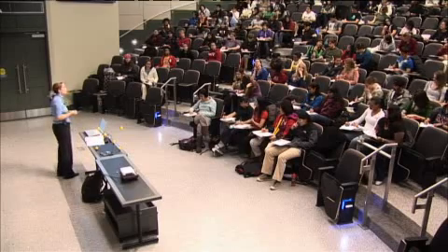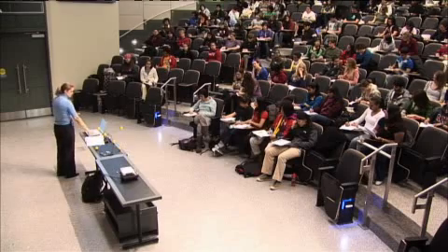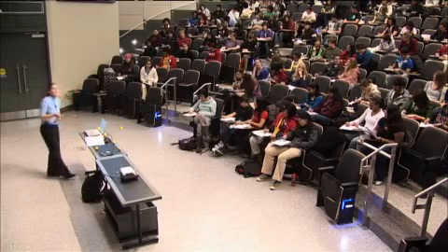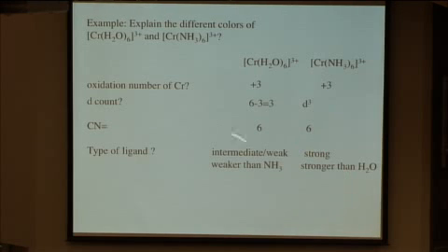Intermediate. And what about NH3? Strong. So NH3 is strong, and water is an intermediate ligand, and certainly it is weaker than NH3. So we expect one system over here for a strong ligand, and then something that's weaker than that strong ligand.